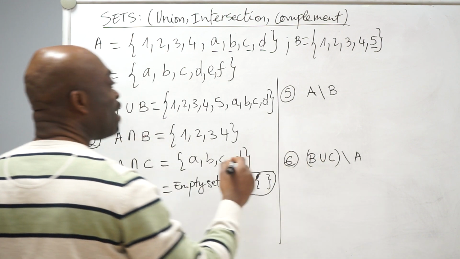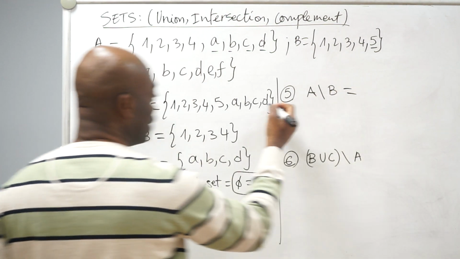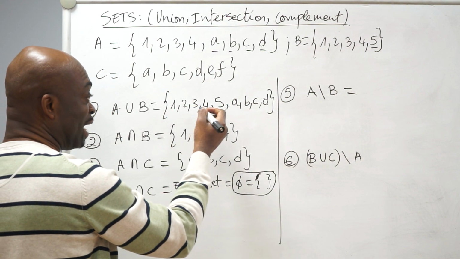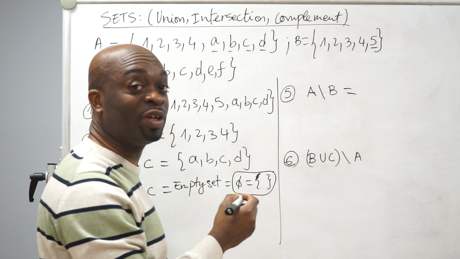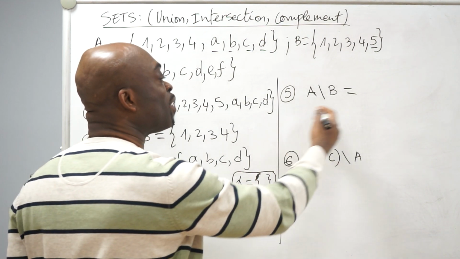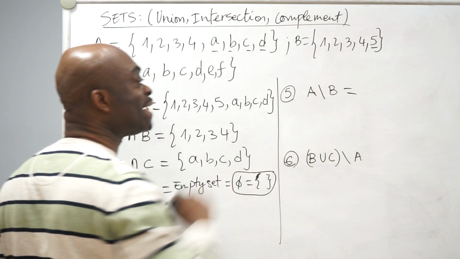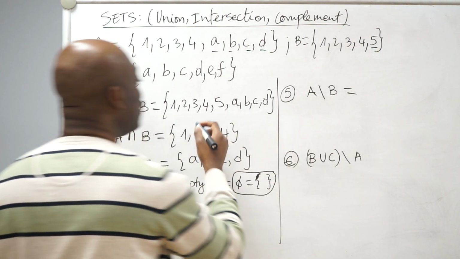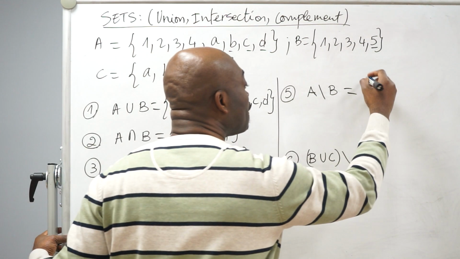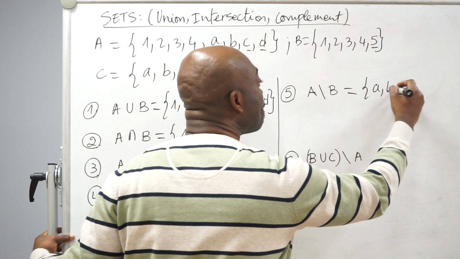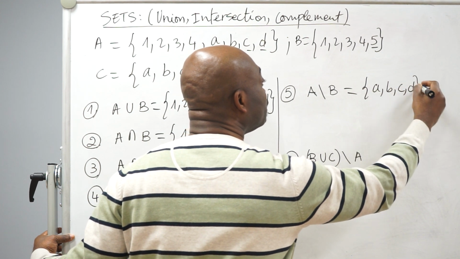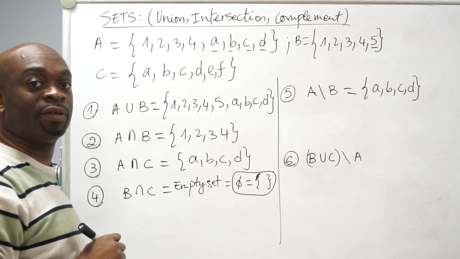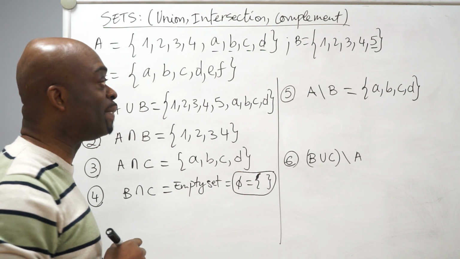Okay? So when you have A union B, this is it. Again, we already have it here, so we don't even need to do it. If we didn't do it before, it would be better probably to write it out and then take away the set B. So afterwards, we end up with A, B, C, D. Everybody good? All right, we understand complement now.